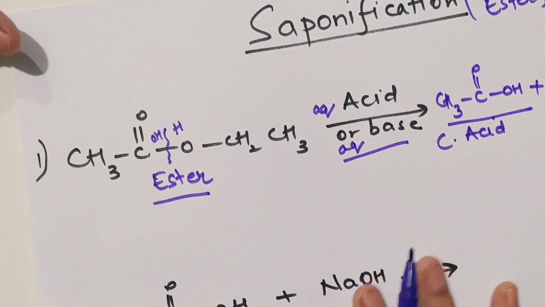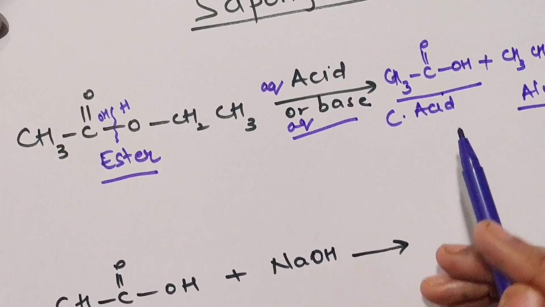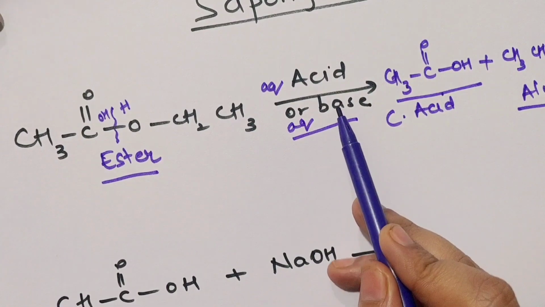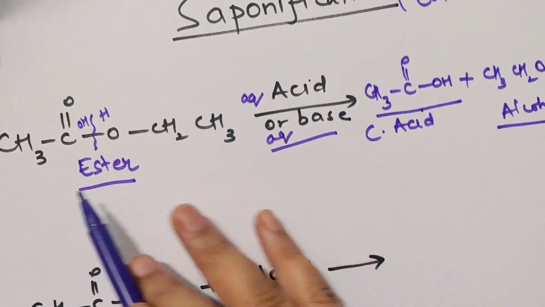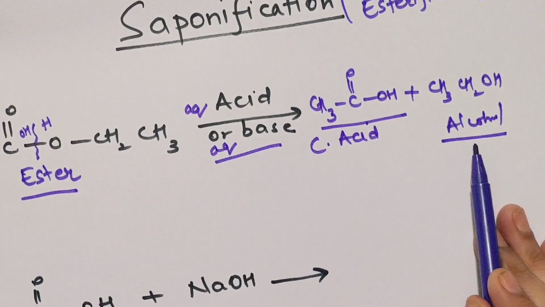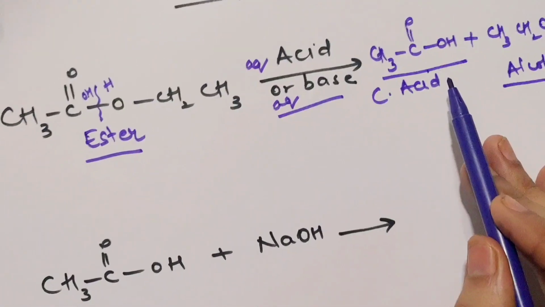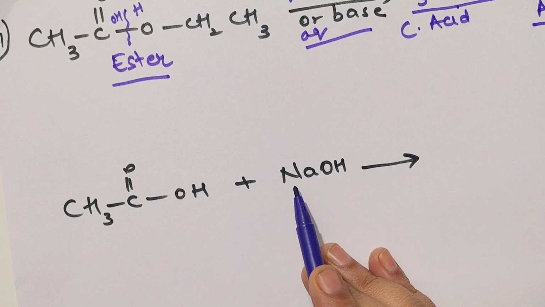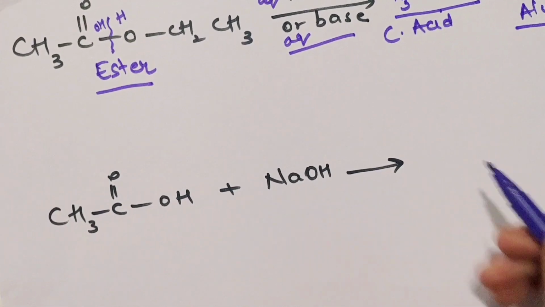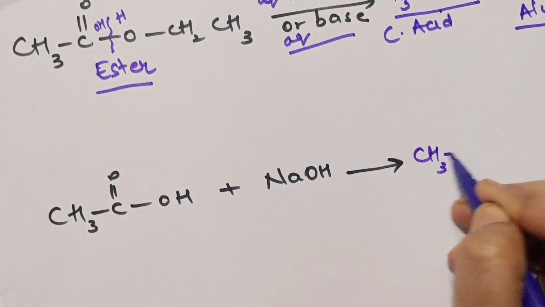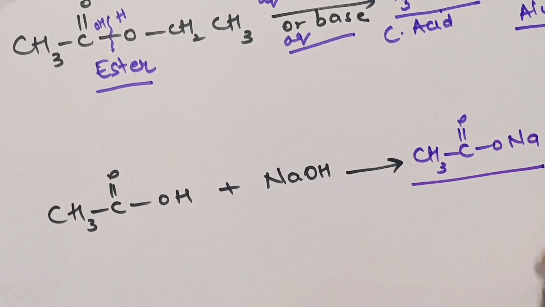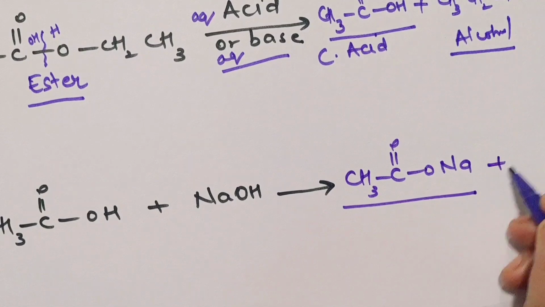Now if you treat ester with base, the same thing happens. First carboxylic acid and alcohol are made, and then the carboxylic acid would join with the sodium and will form this and water.